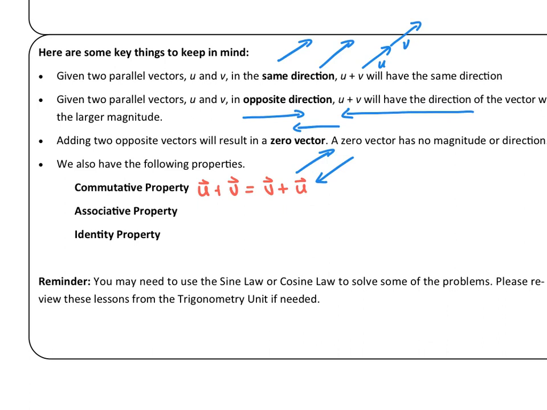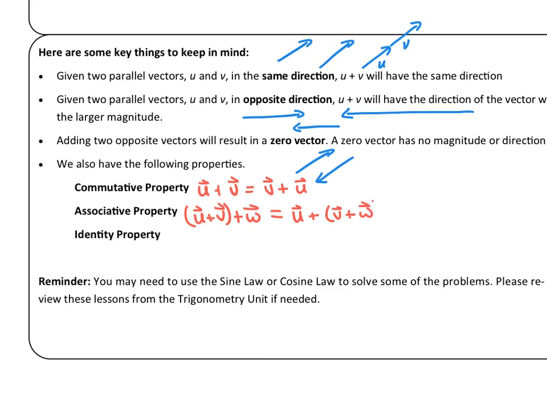The associative property says that u plus v added together, then plus w, is the same as u plus v plus w.